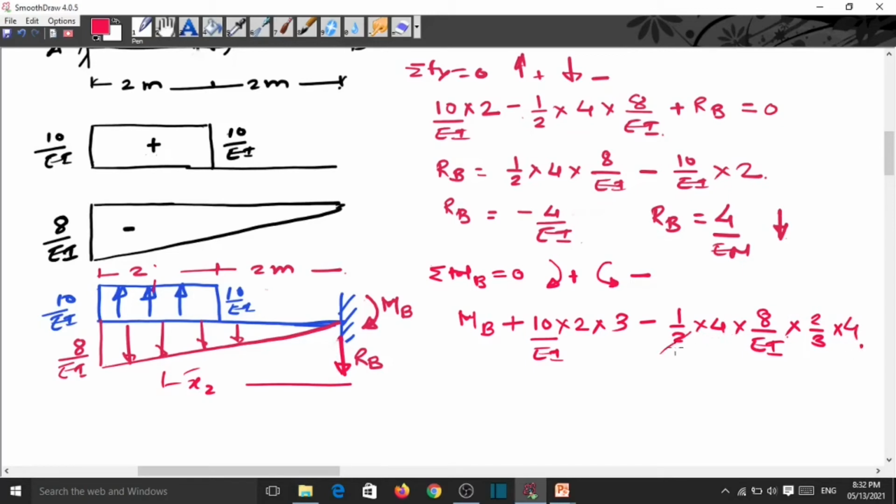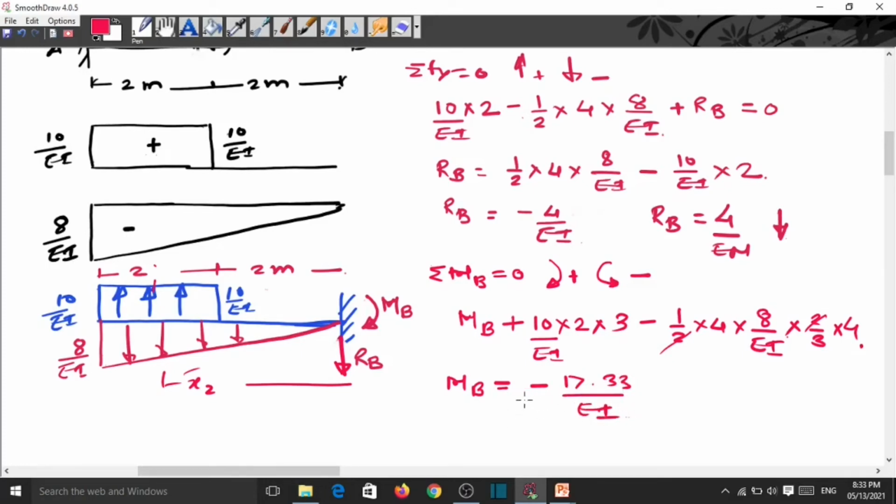So here this 2 gets cancelled out. So this becomes MB is equal to minus 17.33 by EI.